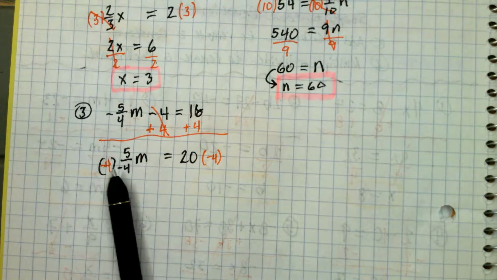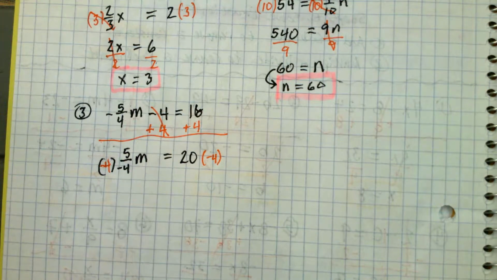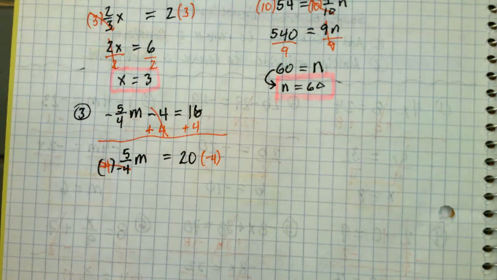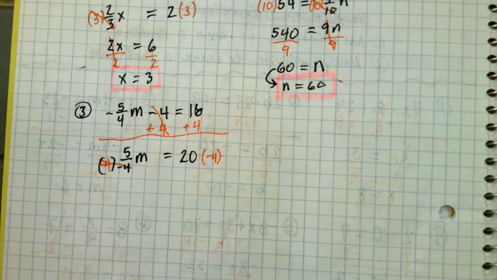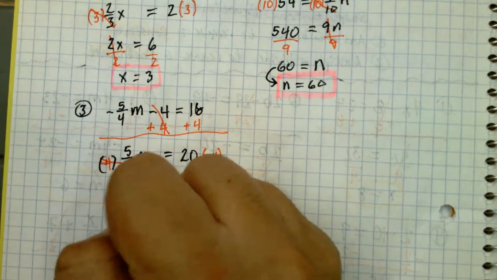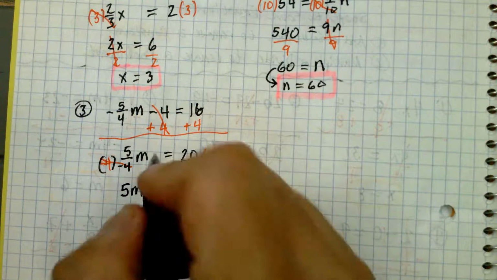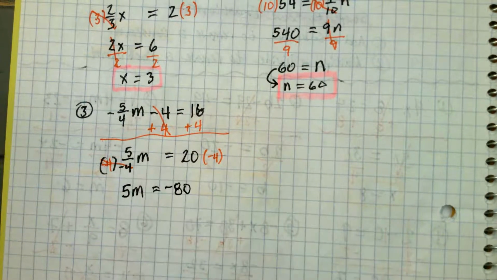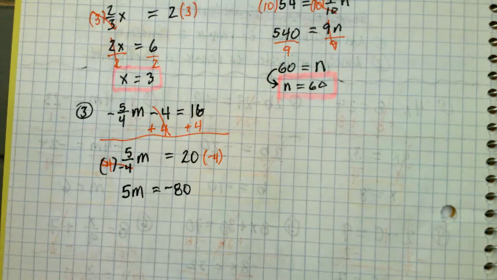I got a negative 4 here, a negative 4 down in the denominator. They're gone. So I got 5 times m equals 20 times negative 4. That's negative 80.